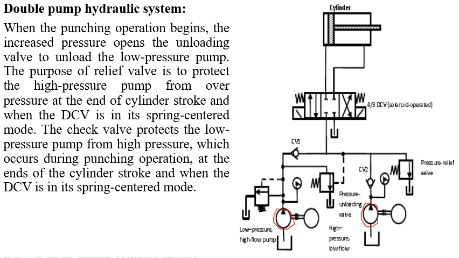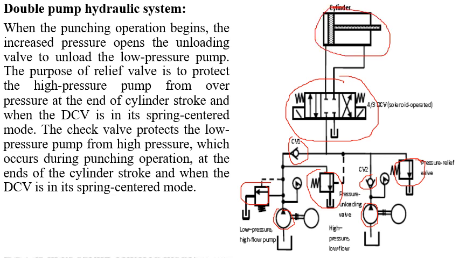Two pumps are utilized, along with a pressure relief valve and a pressure unloading valve. Here is pressure relief valve 1, a check valve for the low pressure high flow pump, a check valve for the high pressure low flow pump, and a 4/3 direction control valve. Here is the actuator, a linear cylinder.